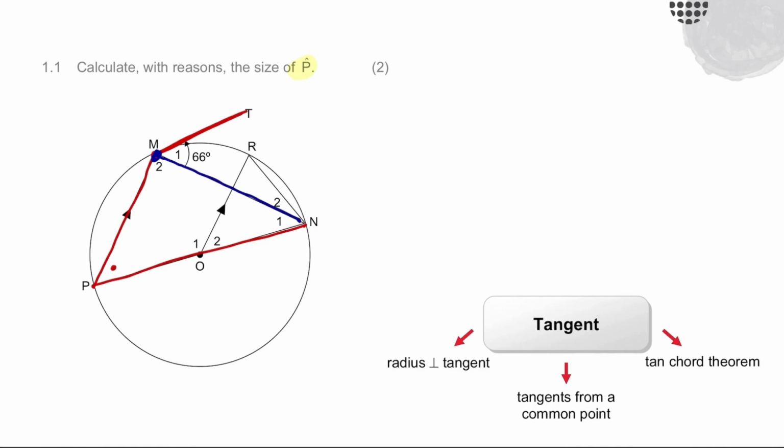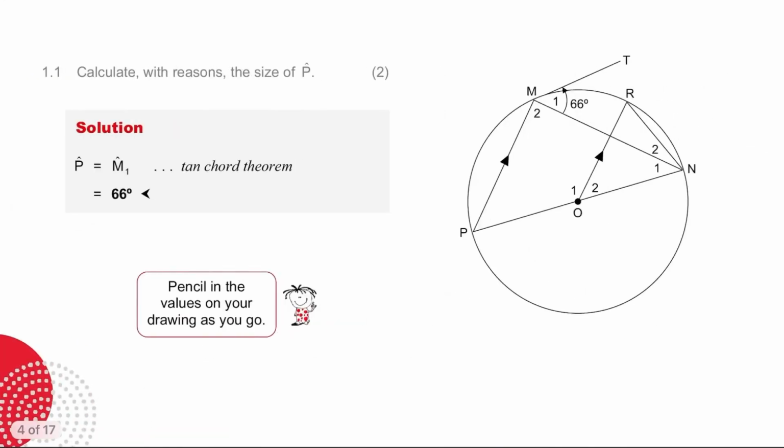And the angle that is formed between that chord and the tangent, which is 66 degrees, will equal the angle that the same chord subtends on the opposite side. So angle P is 66 degrees, tan chord theorem. It's very easy to write that up. You simply say angle P is 66 degrees, and the statement is short and sweet, tan chord theorem.